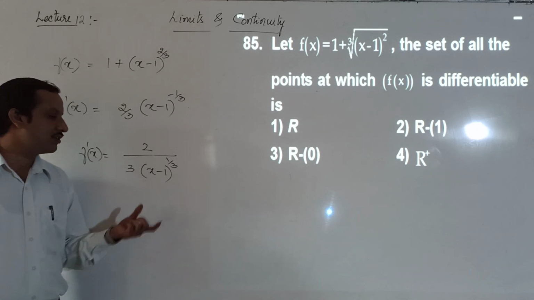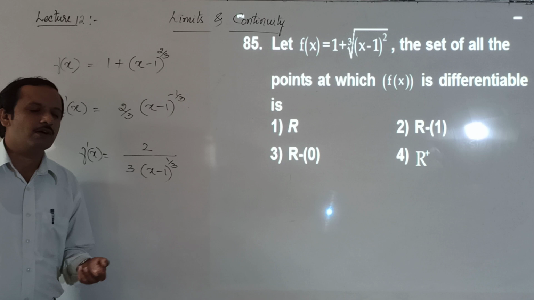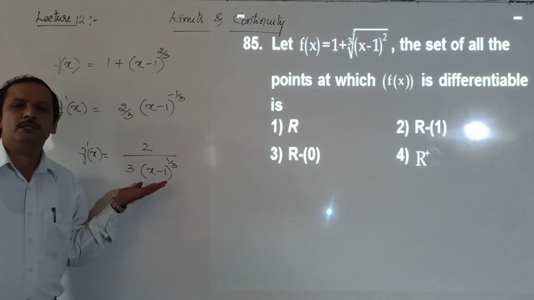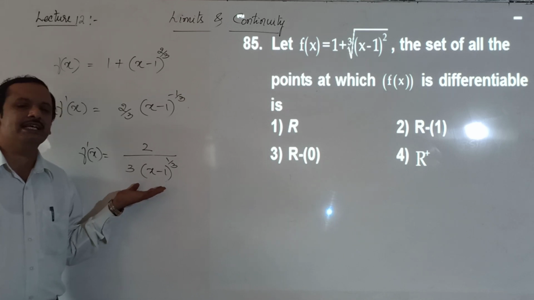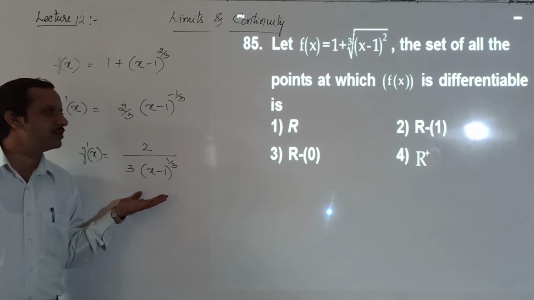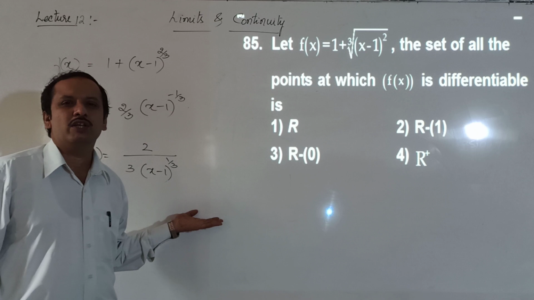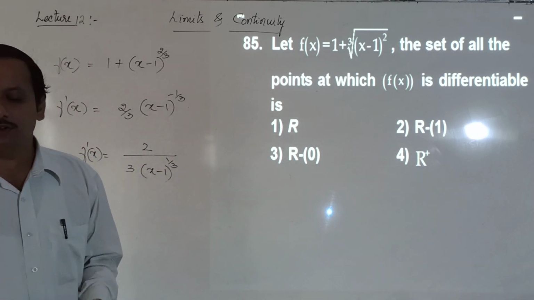This does not exist whenever the denominator is 0. This denominator will be 0 when x equal to 1. So it suggests that f dash of x does not exist at x equal to 1. At 1 the function is not differentiable, everywhere else it is differentiable. So the answer is set of all reals except 1, R minus 1. Second option.